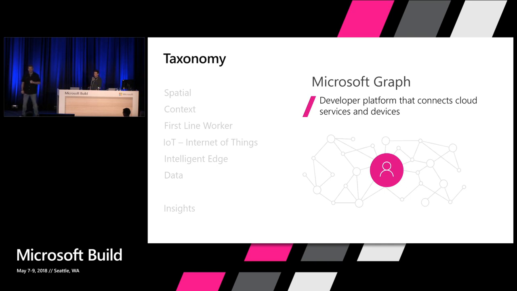It used to be called the Office 365 Unified API, for anyone who remembers that. But what you guys care about is this is a single endpoint for all of your data in the Microsoft Cloud. It's one endpoint, one auth token, one set of docs you have to onboard, and one SDK. So it's a one-stop shop. It's easy to get your data.